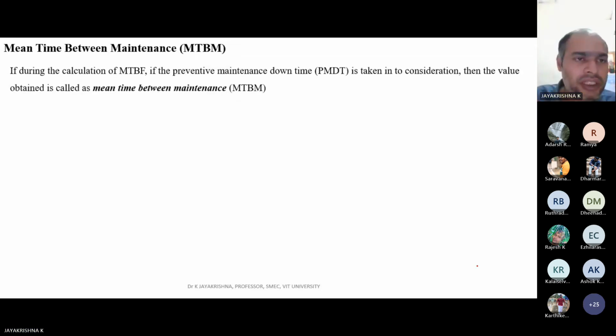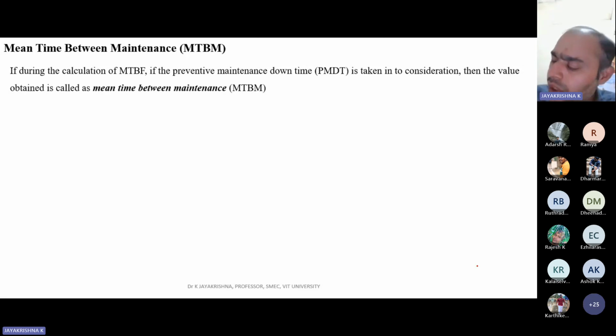Okay. The next we have something called mean time between maintenance, which is simple. Say today is the 2nd of March, and you're carrying out a maintenance activity in your company. Because of that, the machines are down.